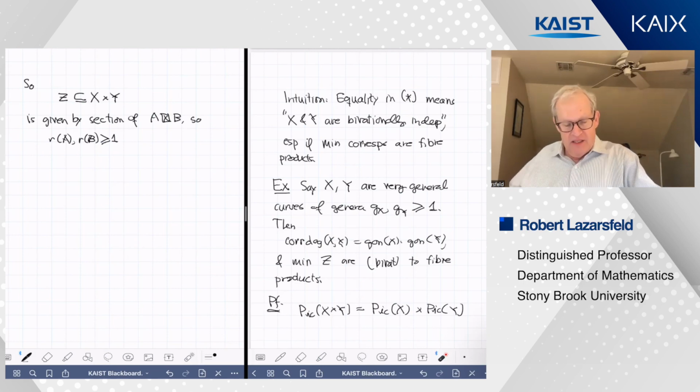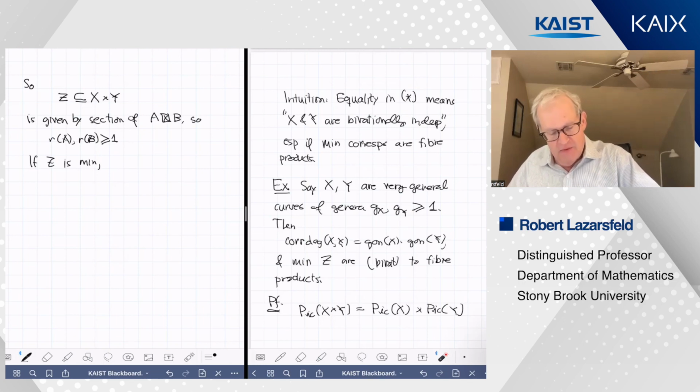Okay, so this says that the degree of z over x and the degree of z over y is equal to the degree of A times the degree of B, so it's at least the product of the gonalities. And if z is minimal, then the only way this can happen is you have to have equality here.